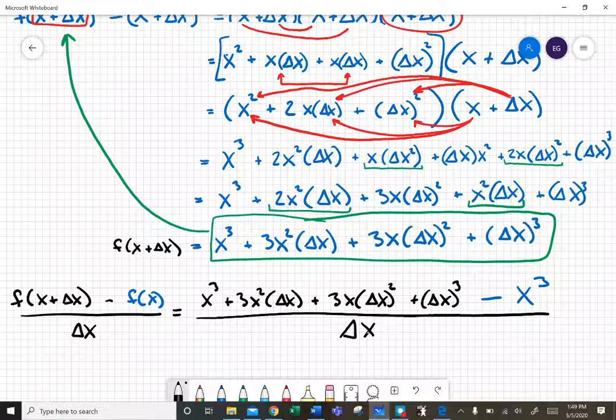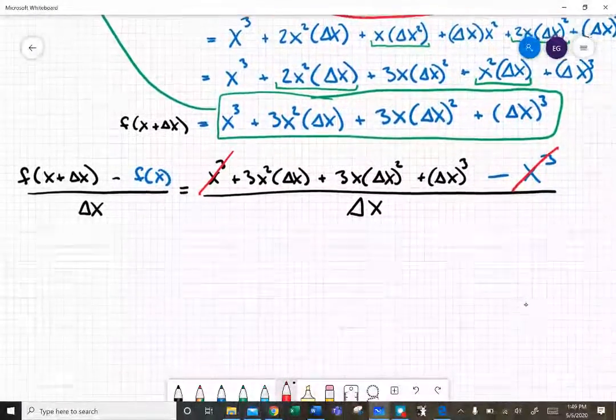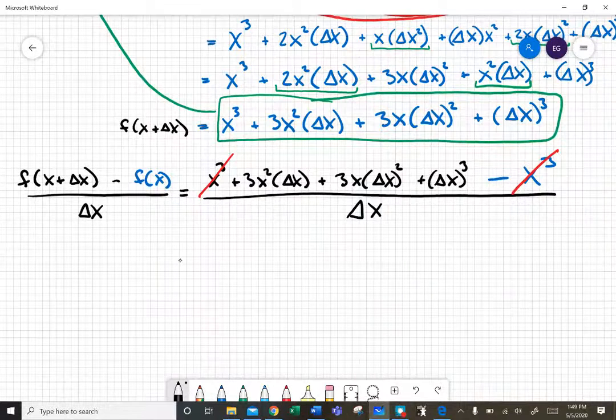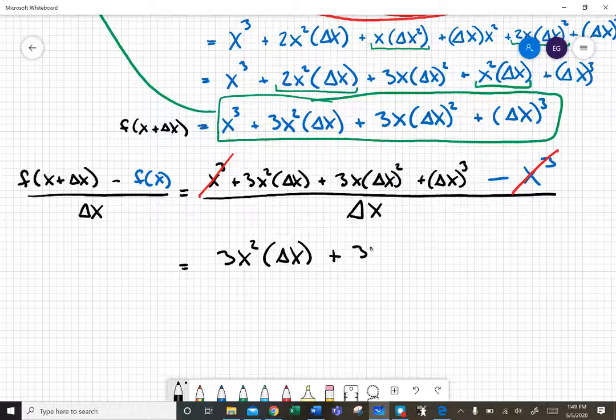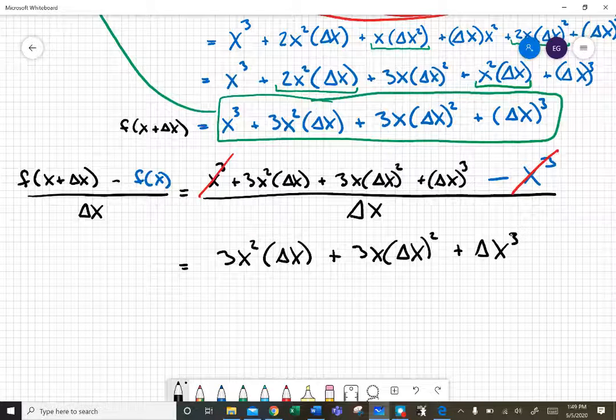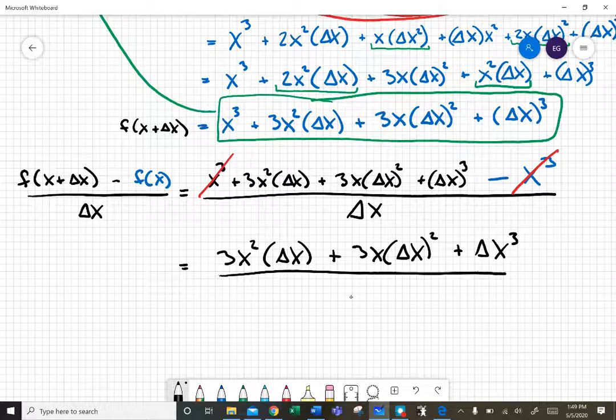Okay, so our first term is an x cubed, our last term is a minus x cubed, so we can definitely cancel those two out. So we're down to 3x squared delta x plus 3x times delta x squared plus delta x to the third power, all over delta x. Let's put those in parentheses.